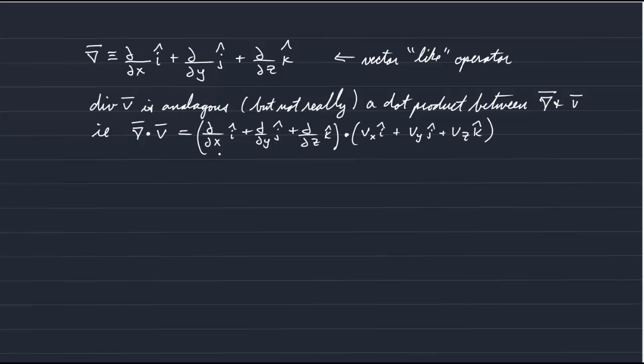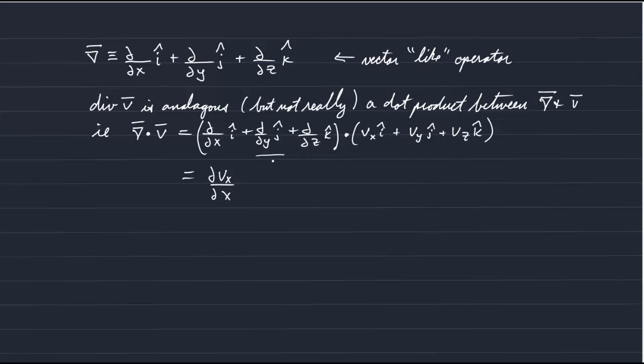And if we perform this operation on each of these vectors, remember that the dot products between i hat, j hat and k hat are 0. And so if we operate d by dx i hat with each of these vectors, the only term that is not 0 is dVx dx, because i hat dot i hat gives 1.